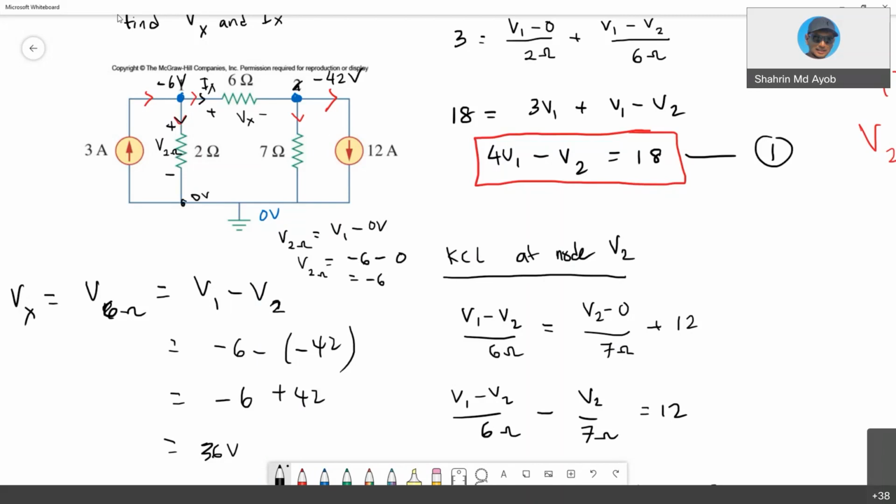It means the polarity should be this one. If you have a multimeter, you put your positive red cable here and the black common cable here. Your multimeter reading will give you a value of -6 volts.